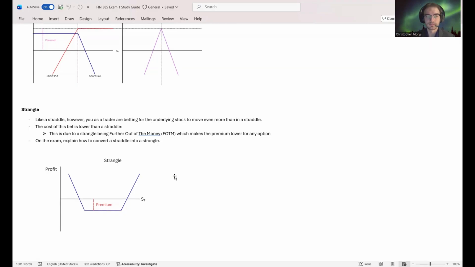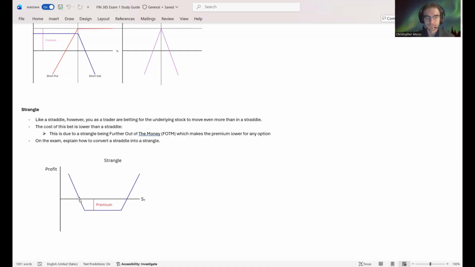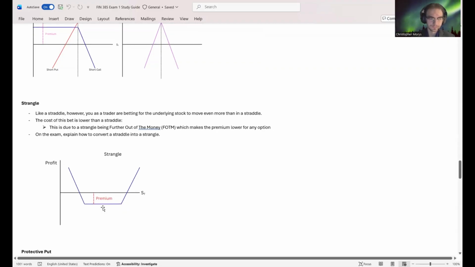You simply do this by making the straddle further out of the money, which means you have a larger disparity in your exercise price, right?